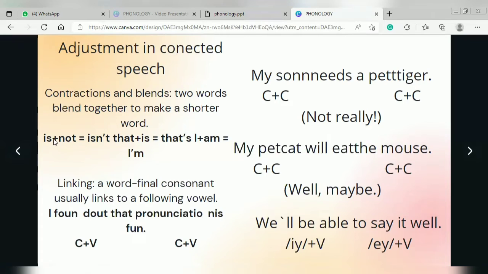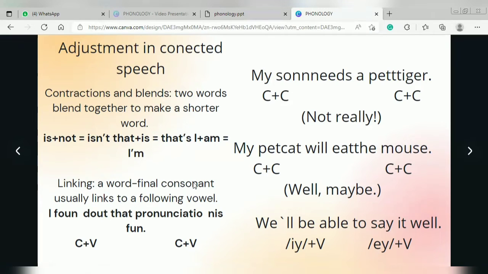When we connect these two words with a contraction, the pronunciation is isn't. The same occurs with that and is; with the contraction, the pronunciation is that's. And also we have I and am, and with the contraction, the pronunciation is I'm.